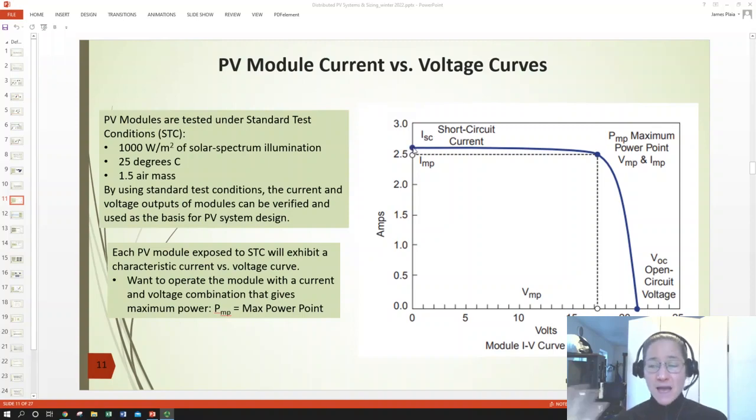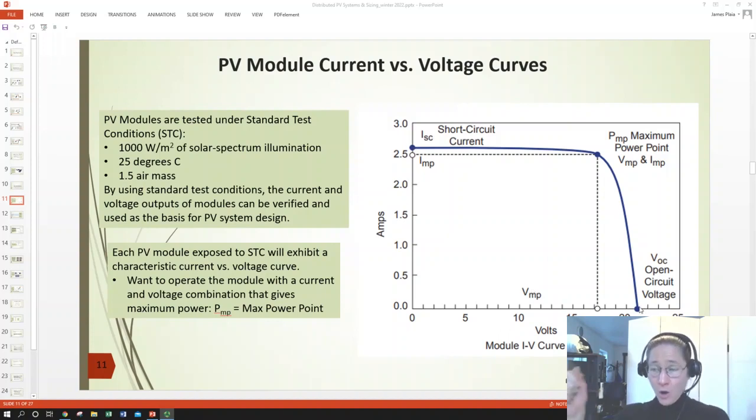So that is the maximum current production condition. There is no load kind of slowing that current down. And so this is called the short circuit current. So this is a measure of the maximum current that panel can provide. And it's known as I with a subscript SC for short circuit.